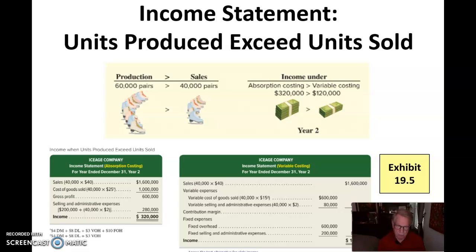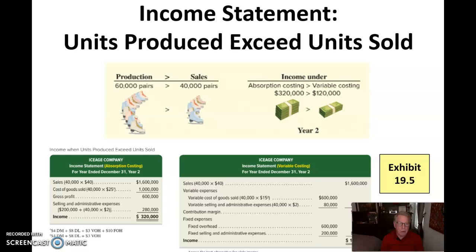Big difference, right? We're producing more than we sell. And why is that? I'm going to tell you. We'll talk about that later in this chapter, but I'm going to tell you why that is. The reason is we haven't sold 20,000 units that we produced. We sold 40,000 units, but we made 60,000 units.